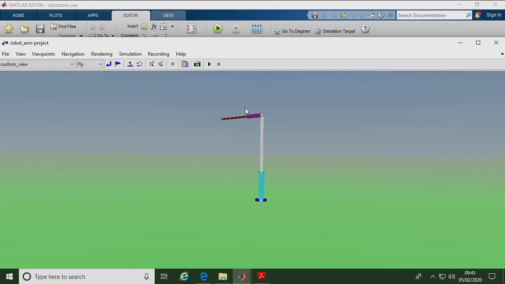This is a robotic system which has 3 degrees of freedom. So it's a very simple robotic arm.